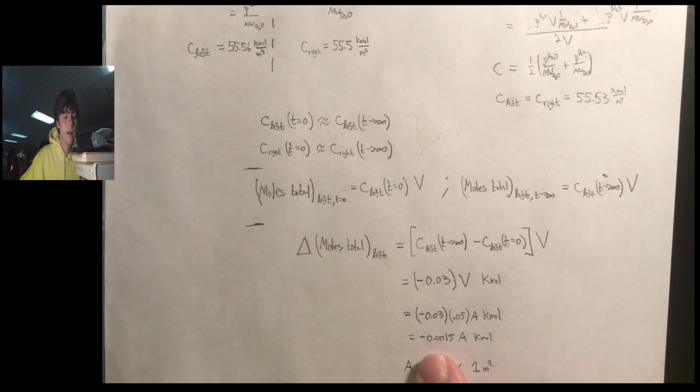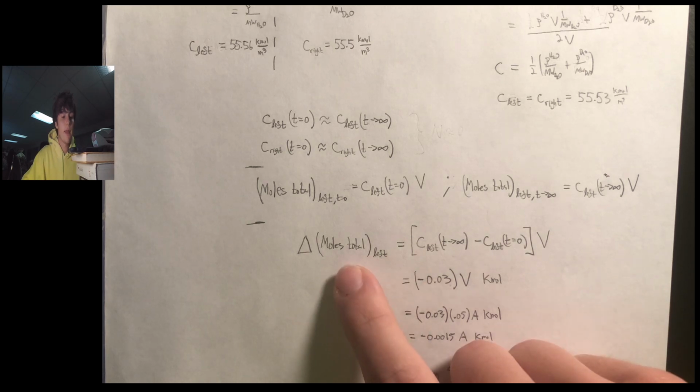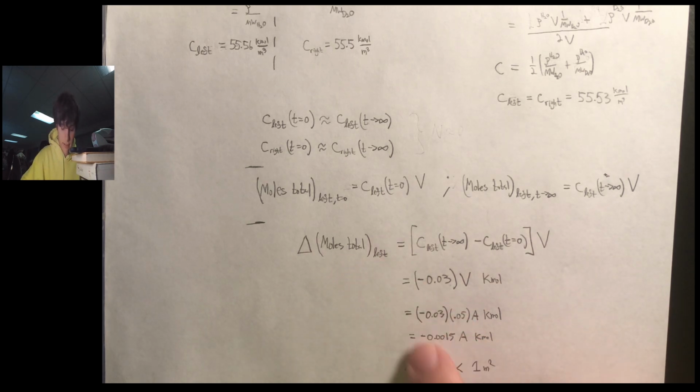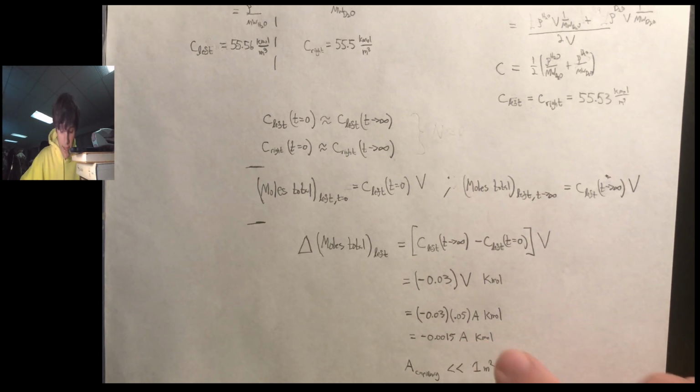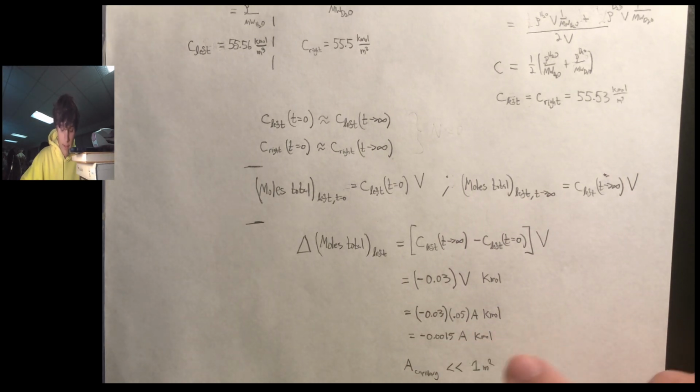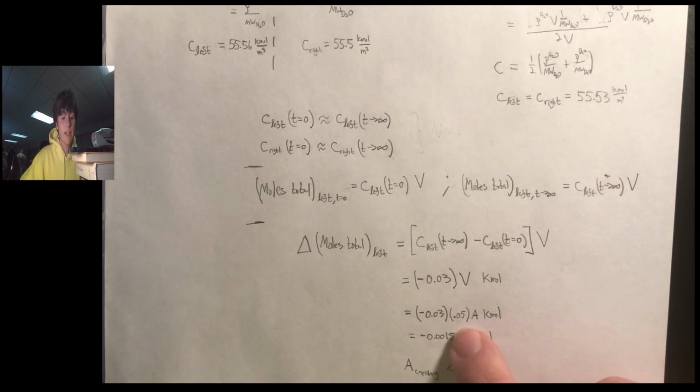And then we get that the total net change in moles on the left-hand side is negative 0.0015 times A, in kilomoles. And so as long as the cross-sectional area is sufficiently small, we can say that the total net change in moles on the left-hand side is approximately equal to 0.